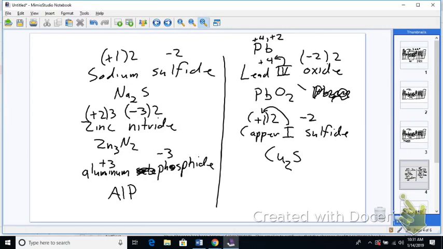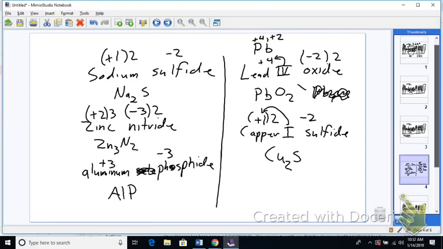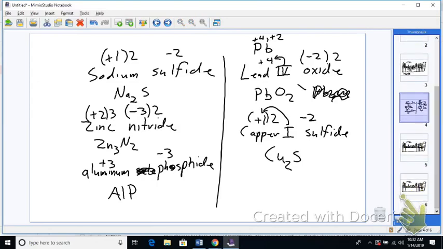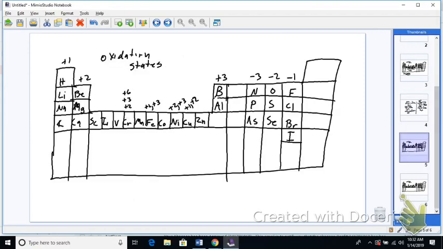Okay, so when you see a Roman numeral, that transitions us into this last part. We're just going to write some names out. So I'm going to give you a formula and you're going to write a name for it. Okay? We're going to do a couple really easy ones. You should be able to do these without using a Roman numeral because I'm going to give you ones that aren't in the middle here.